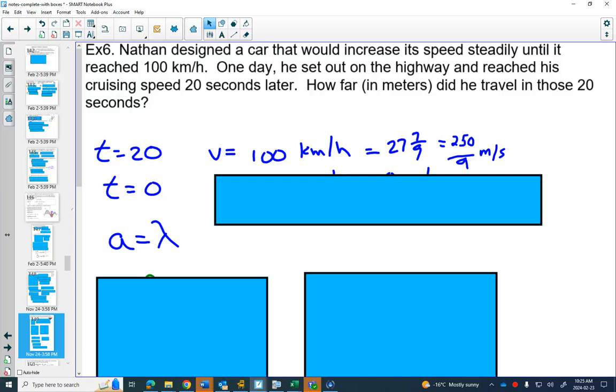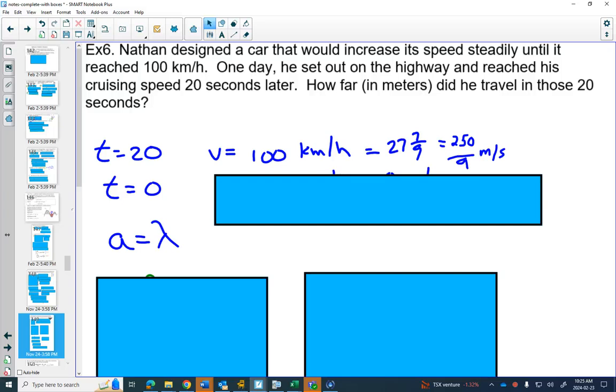So the first thing I'm going to do is take my 100 kilometers per hour and convert that to meters per second. You get 250 divided by 9. If you're wondering how you do that, 100 kilometers in 1 hour, well, you can multiply that by 1,000 to get 100,000 meters in 1 hour.